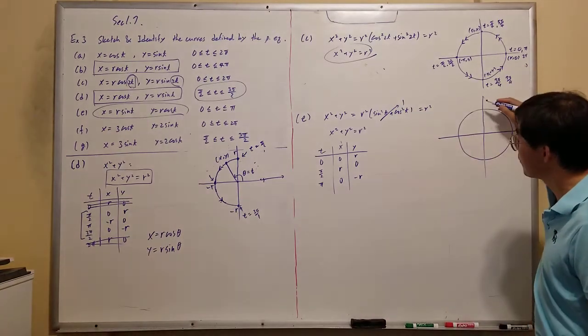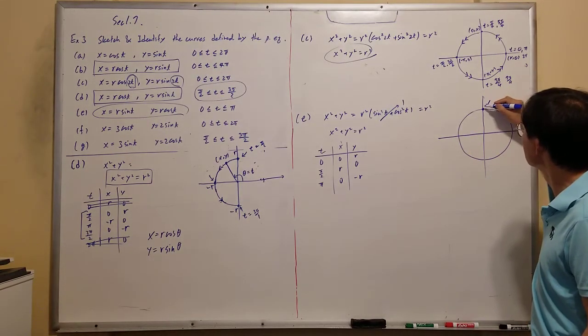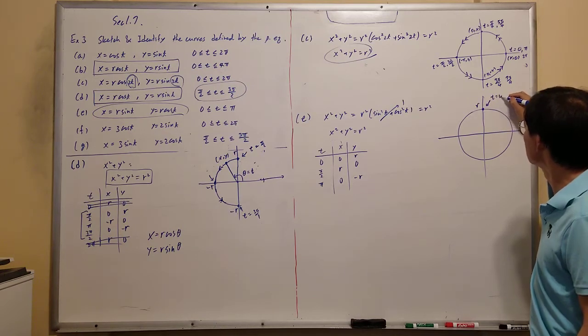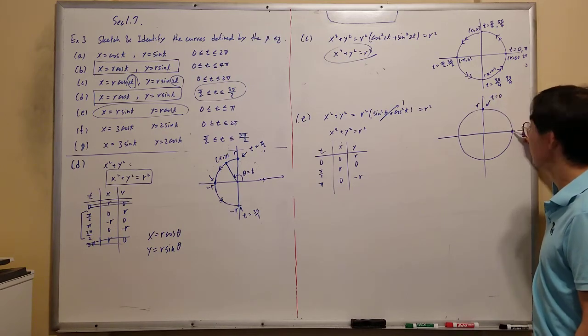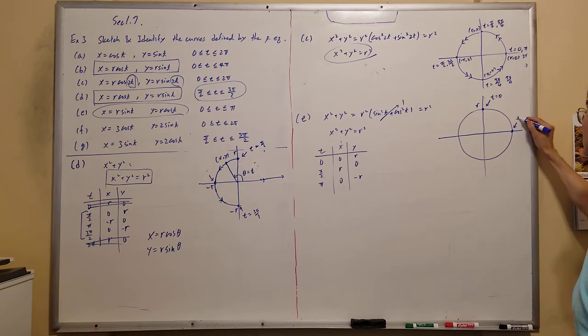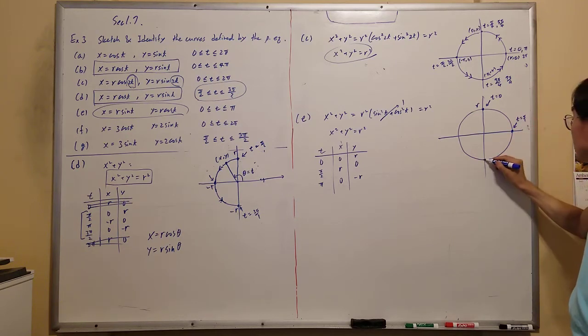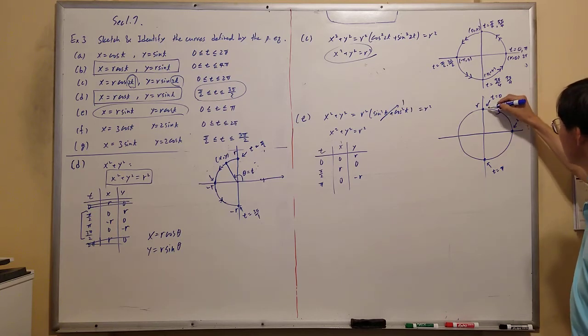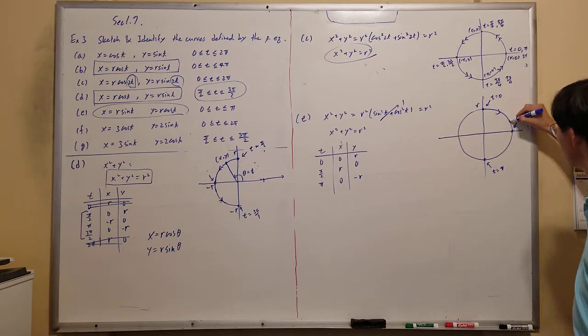So you start from 0, r here, t equals 0. Over here, t equals pi over 2, and here, t equals pi. You will have only this.